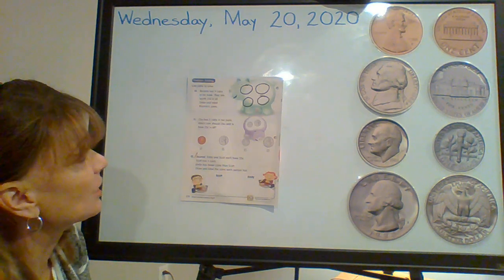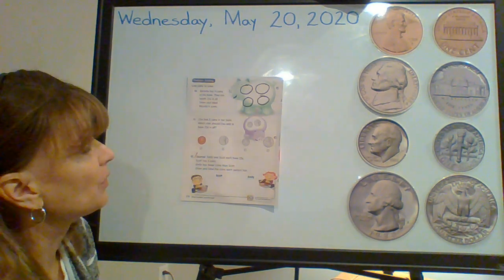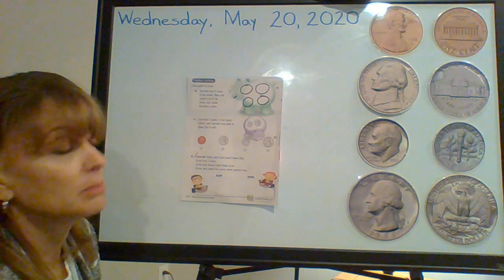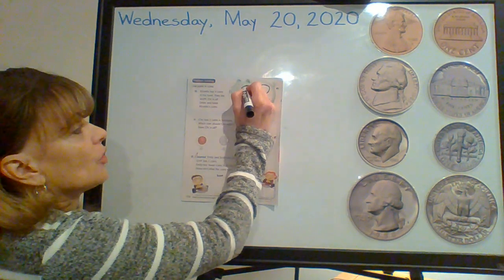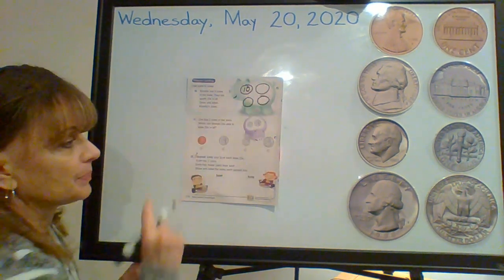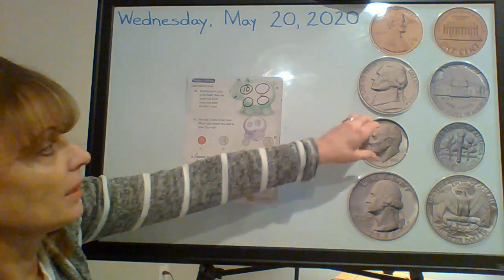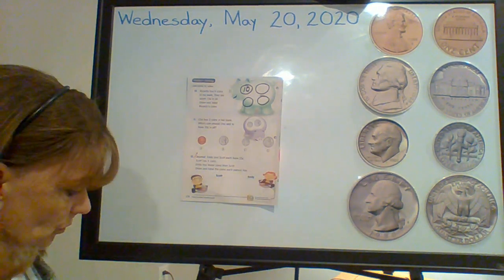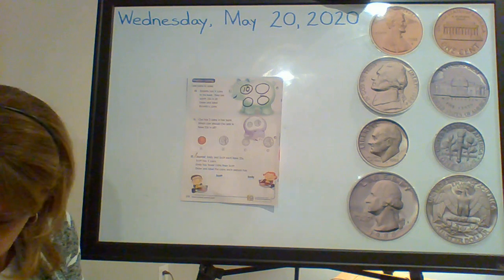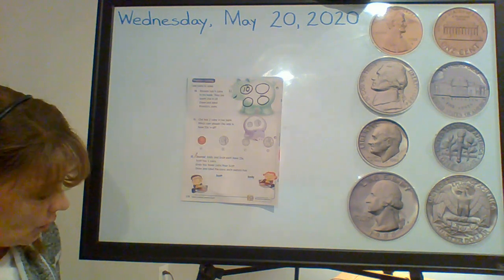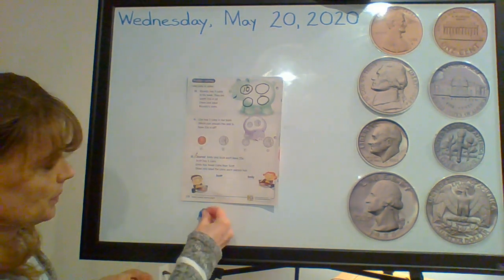So we're going to start by saying, well, I need 25 cents. Can I use a dime? I think I can. So let's use 1 dime. All right. So here's my dime.